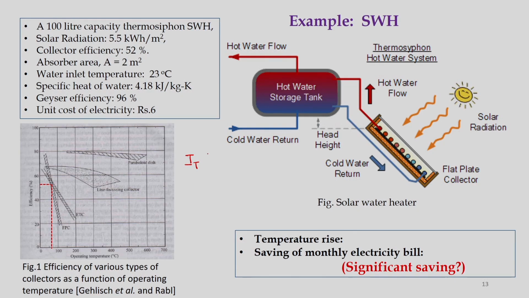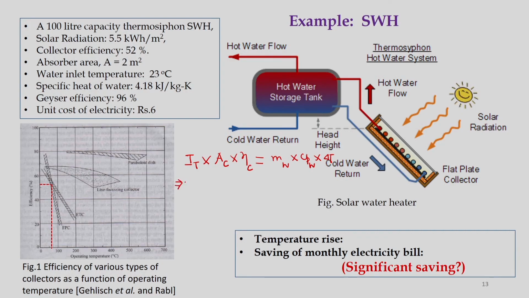This has to be multiplied with the area of the collector, which we can represent by AC, and also the collector efficiency is given to us, 52%. Let us write eta C is the collector efficiency, which has to be equal to mass of the water MW multiplied by CPW, specific heat of water, and then we have temperature rise delta T.